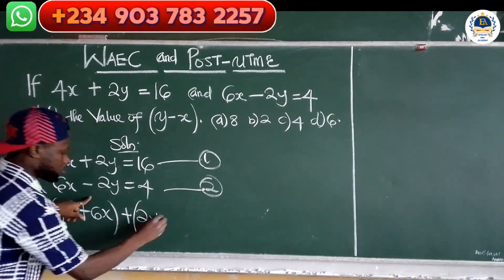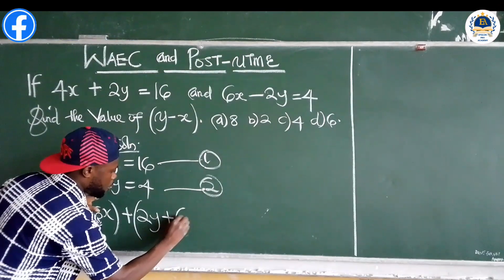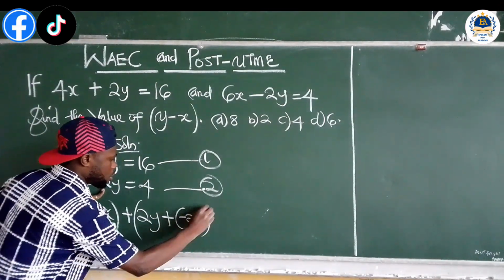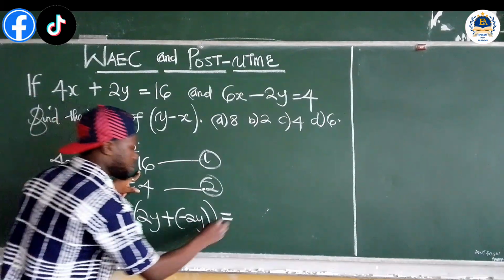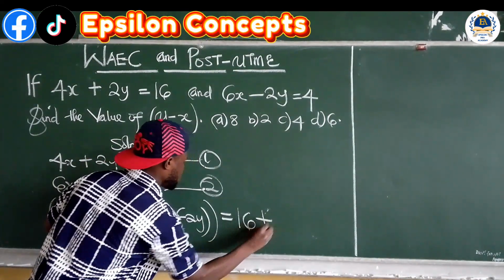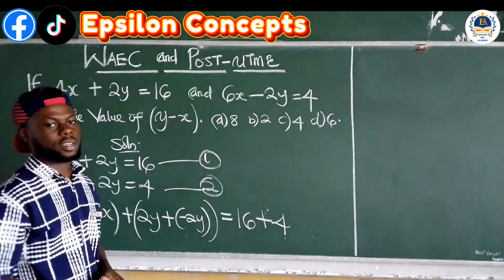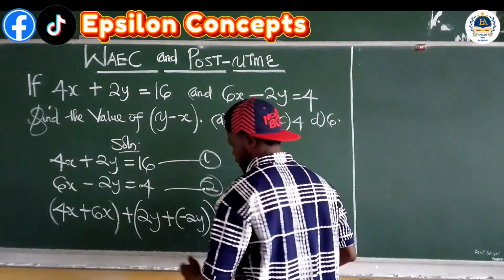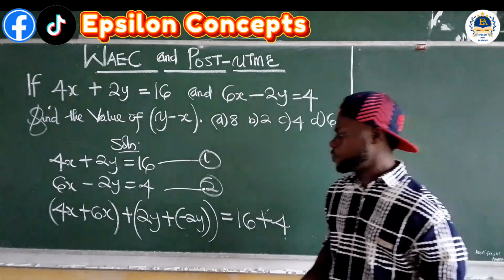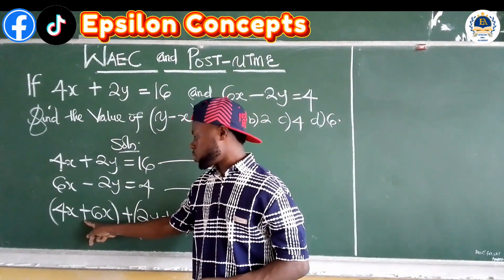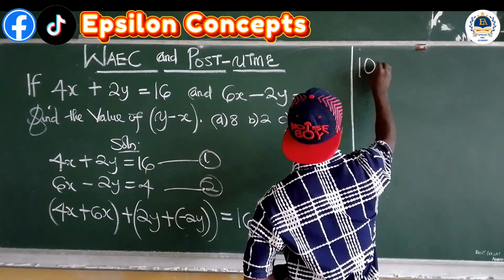We are adding plus and minus 2y, (2y - 2y), bracket close, which is equal to 16 plus 4. That is the first approach. Next, from the first bracket, the x variables, we have 4x plus 6x, which gives 10x.